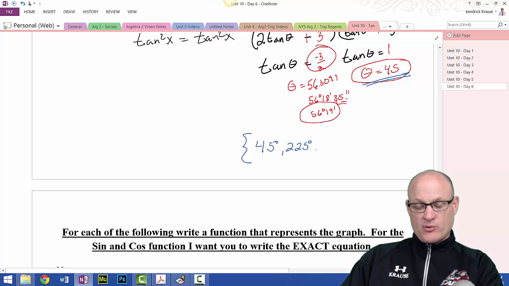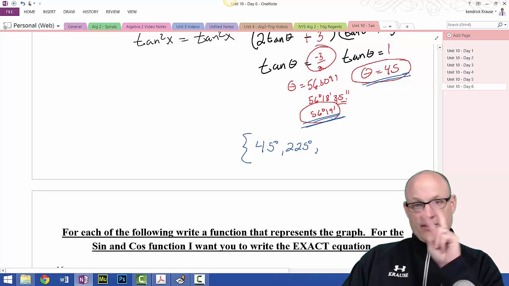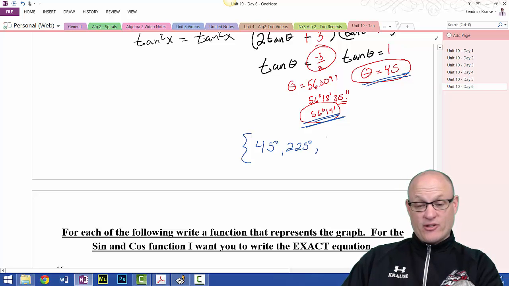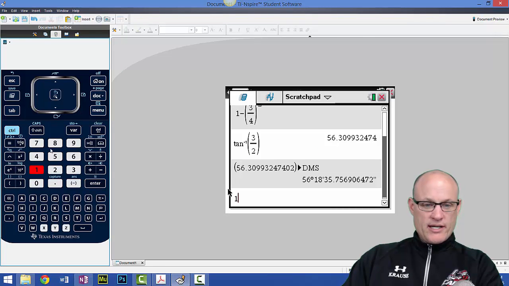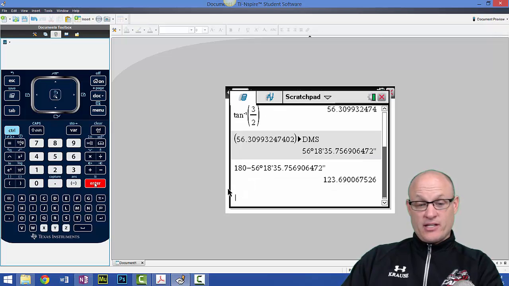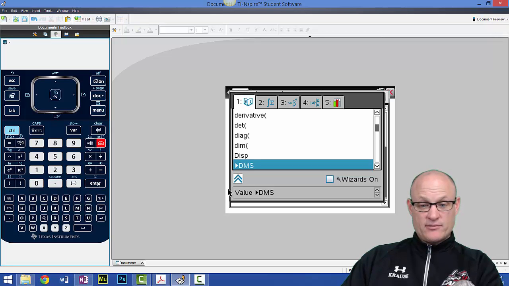Now I need to get this in the second and fourth quadrant, because that's where tangent is negative. So I'm going to come back to my calculator and do 180 minus this. It's not going to give it to me in DMS, so I'm still going to have to DMS it.